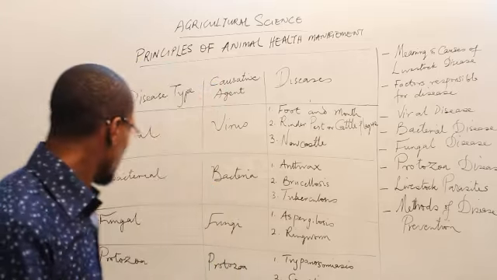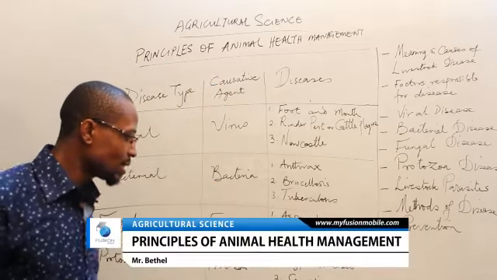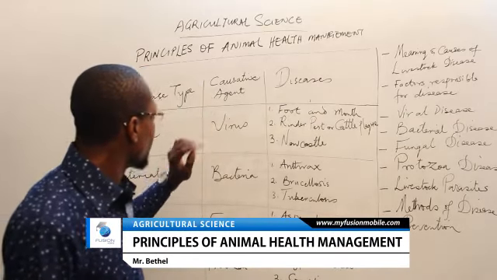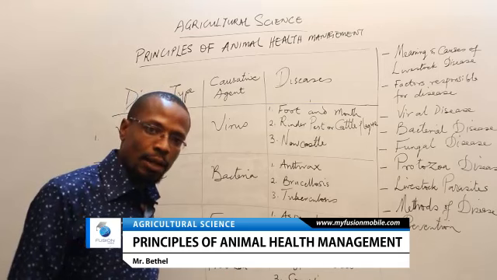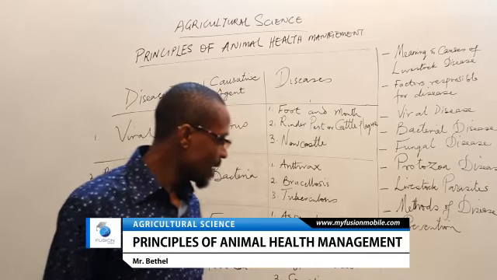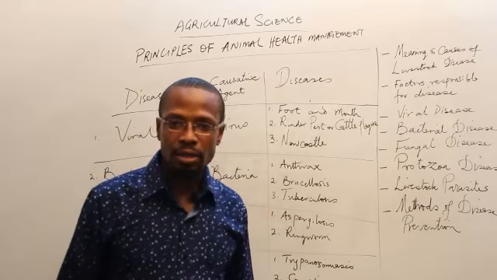The last on our list of diseases is the protozoa diseases, caused by the agent protozoa. The first disease is trypanosomiasis, and the second is coccidiosis.